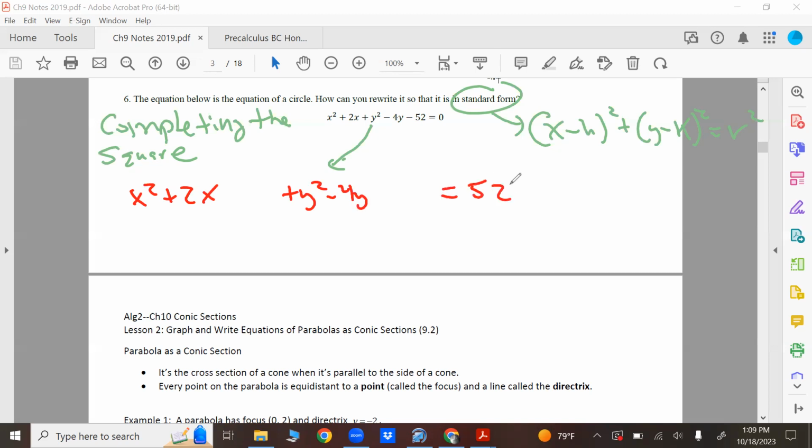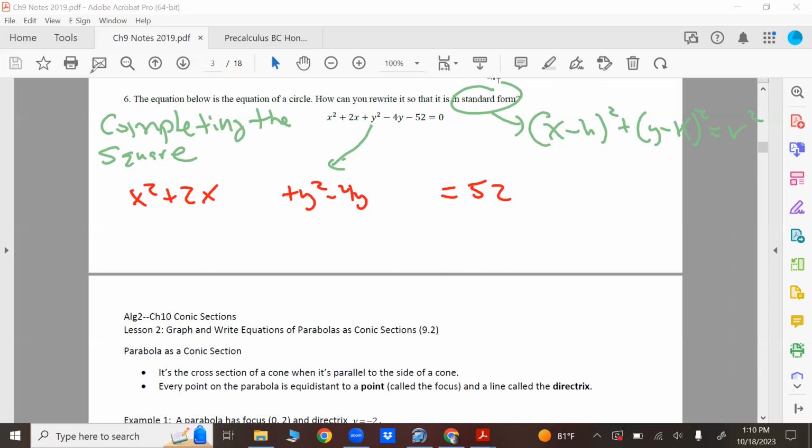Okay, now, how do you do it? Good. Your goal is to make it look like a perfect square trinomial. You want a perfect square trinomial for both x and y, so you can make it nice and tidy as x plus something squared or y plus something squared in parentheses.